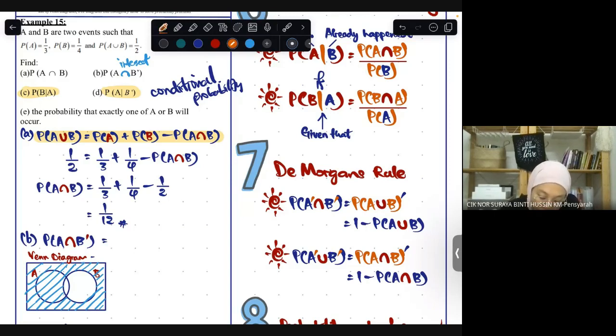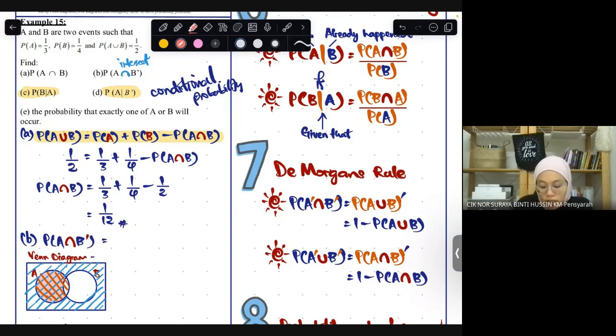A adalah berada di dalam bulatan A. So where is the intersection? The intersection is, saya lorekkan pakai highlighter, which is yang ni. Are the intersection between the orange line and the blue line.